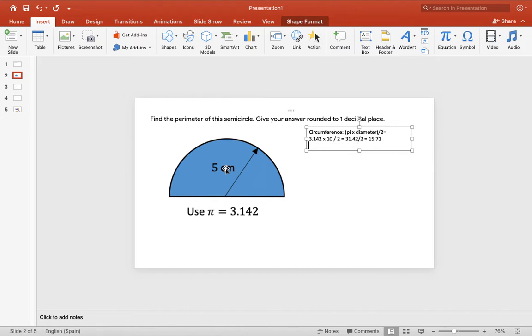Okay, so now we've got the arc length, but what you need to do as the final step is add on this straight edge, and this is why we're finding the perimeter, because it's got an arc and a straight edge. So the straight edge is going to be 10 because this represents the diameter, so we do 10 plus 15.71, and the answer is going to give us 25.71.